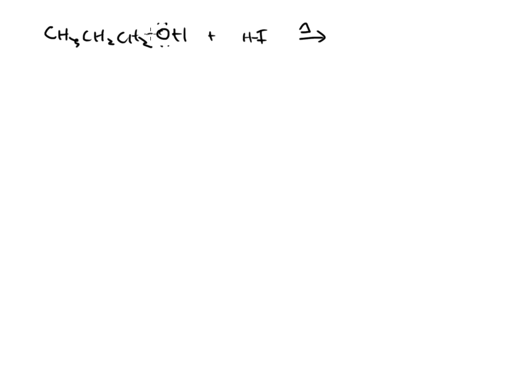So when this leaving group leaves, the iodine, which is the only other nucleophile in the picture, goes on and takes its place. So that means that the product from this reaction here is CH3CH2CH2 and now there's an iodine there instead of an OH.